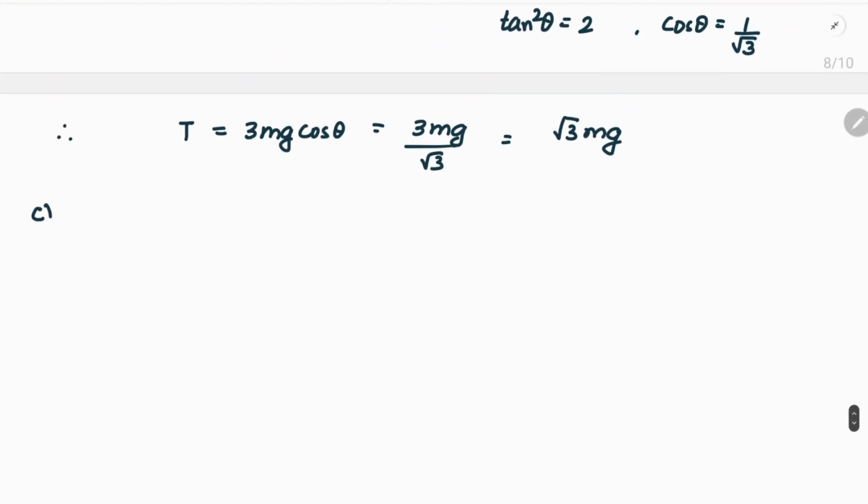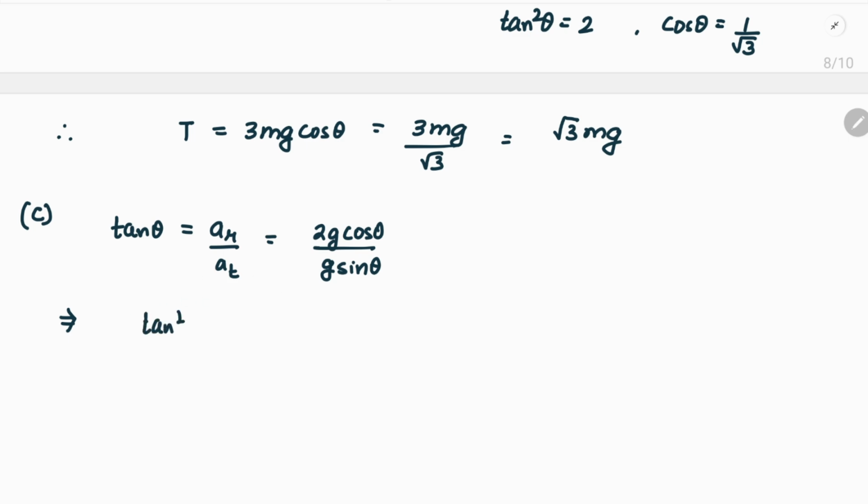So we are solving the third part of the problem. Tan theta equals AR by AT, AR being 2g cos theta and AT being g sin theta. So we can write that tan square theta equals 2, so theta equals tan inverse of root 2, and over here we get the value 54.7 degrees.